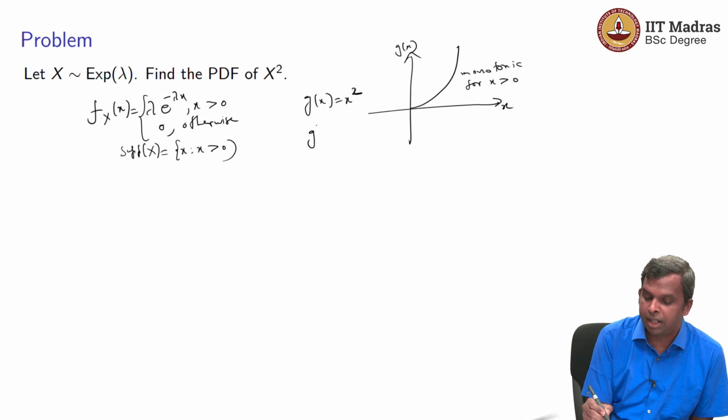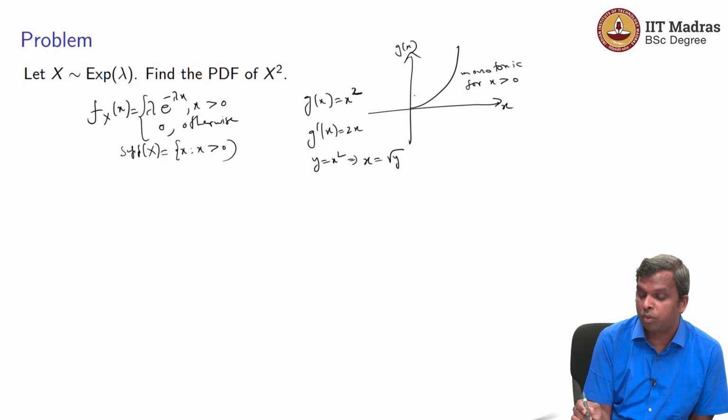So what is my formula? I need my g prime of x, which is 2x. And then I need the inverse, right? So y equals x squared implies x is the square root of y, positive square root of y, because x is greater than 0. So g inverse of y is square root of y.